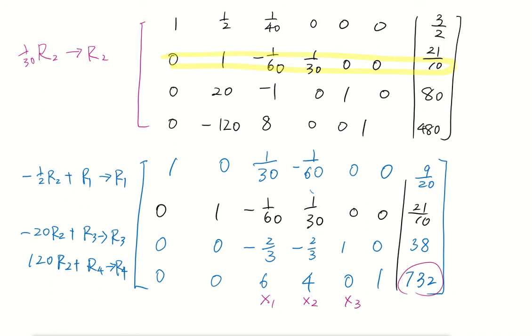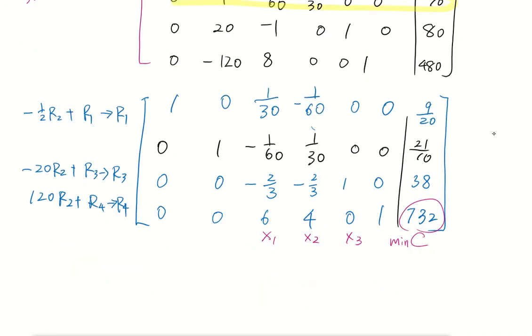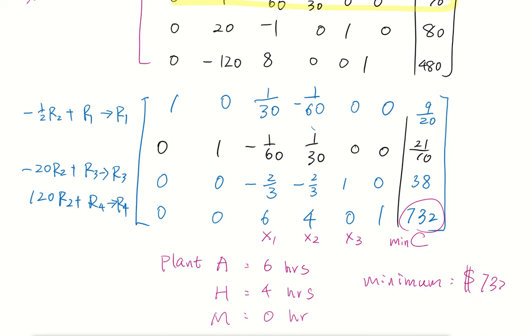This is the minimum C and maximum of P. So this means plant A should operate 6 hours per day, and plant H should operate 4 hours per day, and plant M should operate 0 hours per day, and the minimum cost is $732.